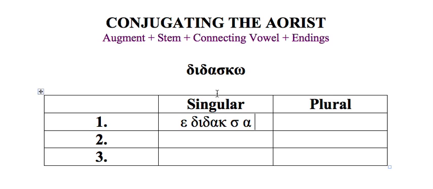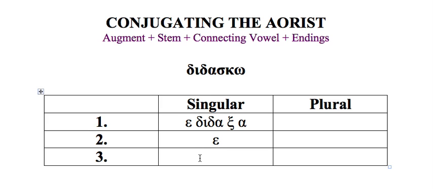And now we should be looking at this saying there is a kappa combining with a sigma. And that equals a xi. Edidaxa.